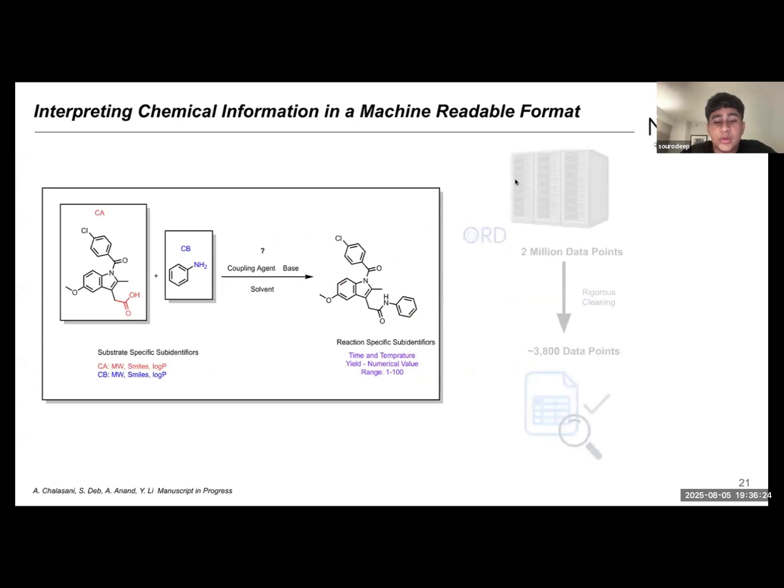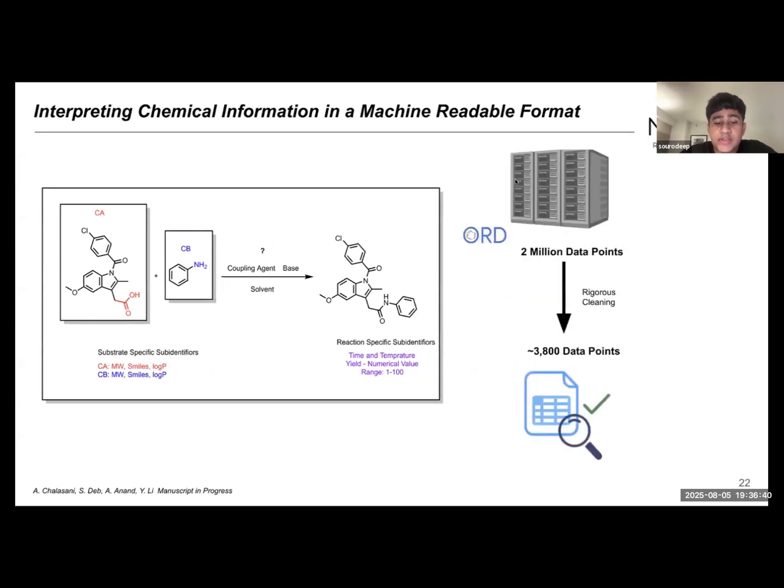So our goal was to use substrate-specific identifiers such as molecular weight, SMILES strings, as previously explained, and LogP values to predict reaction-specific identifiers such as temperature, time, and yield. But for our project, we used yield. We started our data curation from the Open Reaction Database, or ORD, as I previously mentioned, which consisted of 2 million reactions and data points, but we ended up filtering out reactions to get a final data set of 3,800 data points.